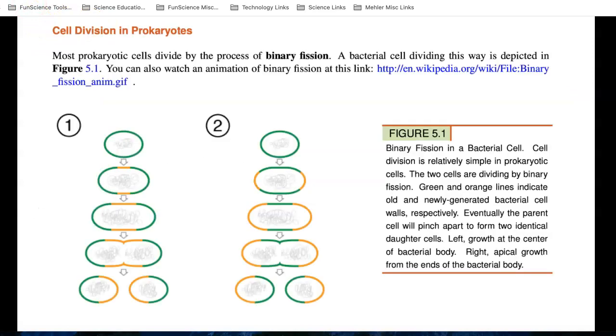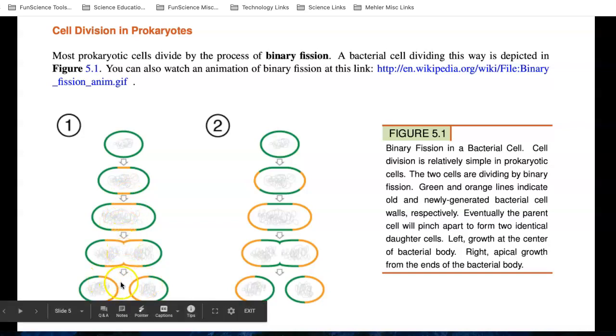The vast majority of prokaryotic cells divide by a process called binary fission. Let's take a look at number 1 and number 2. Each starts out as a regular bacterial cell, but the green color right here represents the original bacteria. Notice that in process 1, the orange, the new growth, is occurring at the center, and then it will pinch off, creating two new cells.